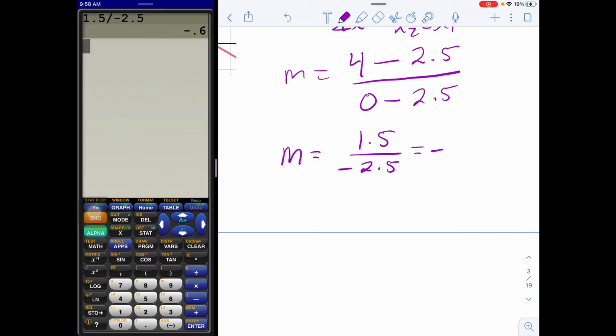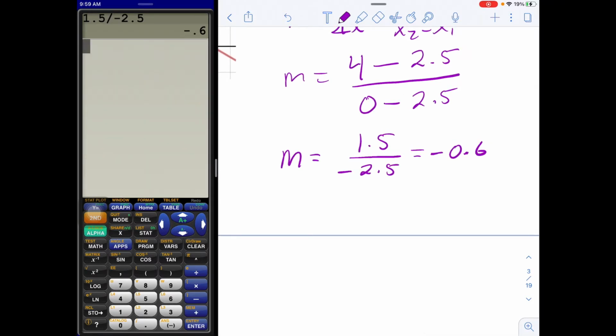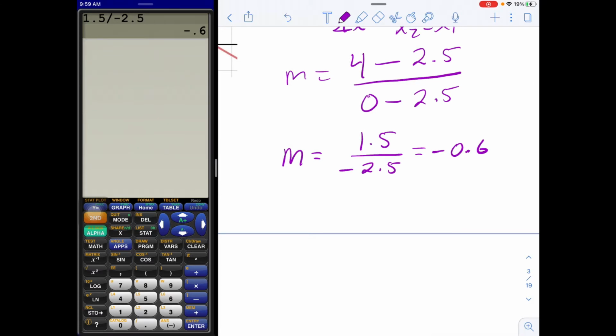Now, something to note is you usually want to represent slope as actually a fraction, okay? So I'm going to represent this as a fraction. Now, how the heck do I do that? Well, hopefully you remember how to put decimals into fractions. 0.6, that is equal to, and remember, don't forget your negative, 6 over 10, okay?